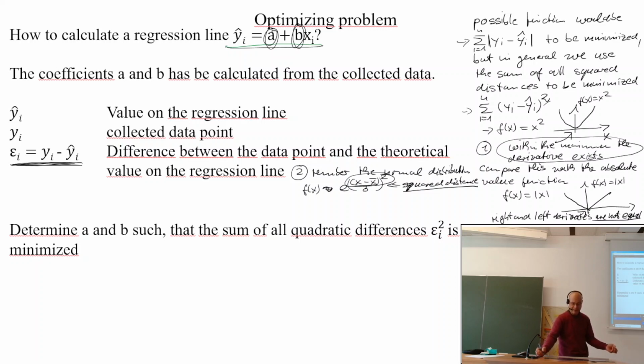But if they are normally distributed, then they are represented via this density function with the exponent where we find these squared distances.